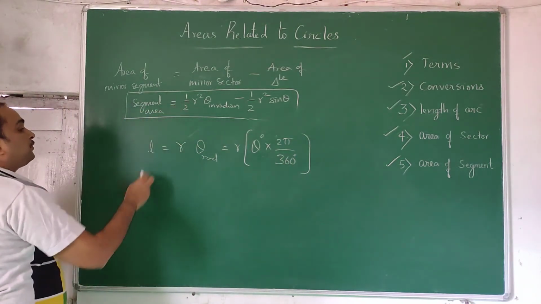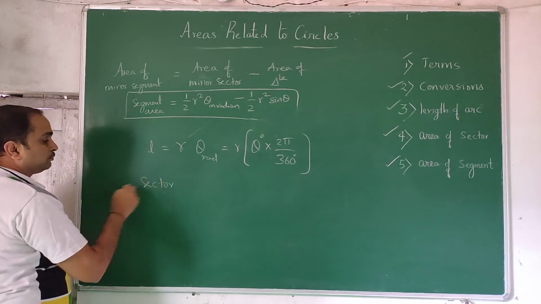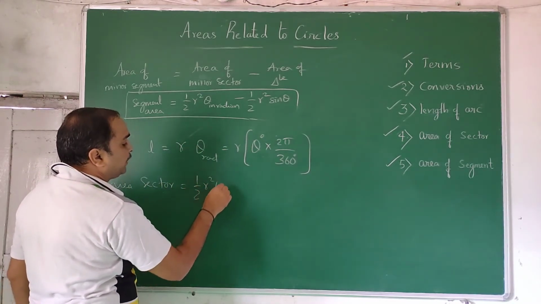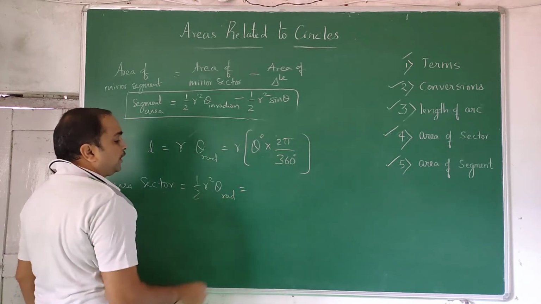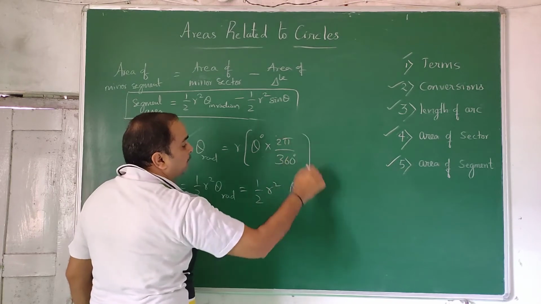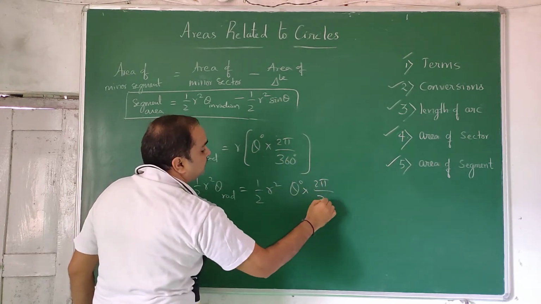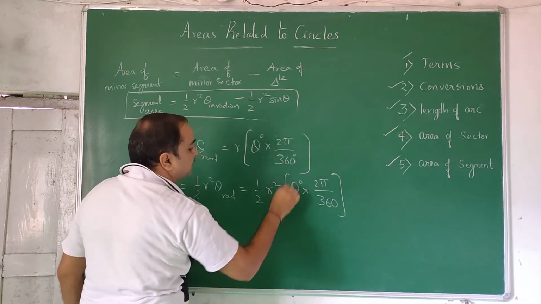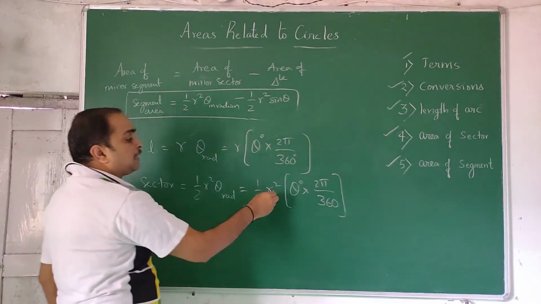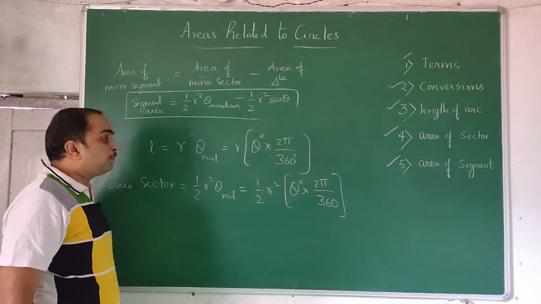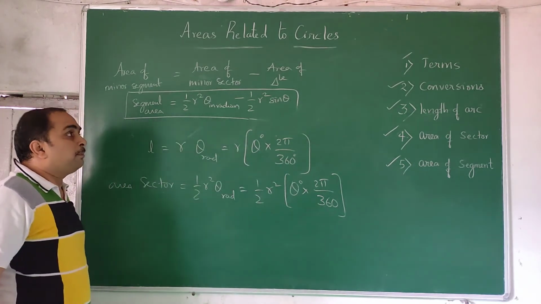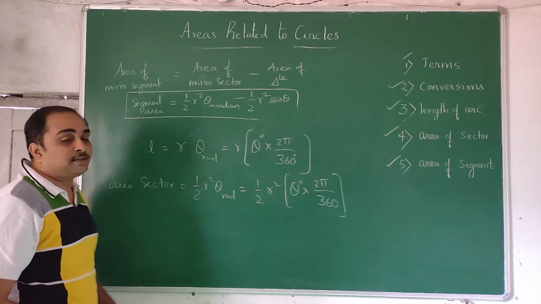Similarly, area of sector is this formula, half r square theta in radians, which is also equal to half r square theta, you write it in degrees, multiply by 2 pi by 360. You will get the answer in square centimeters or square meters. Whatever r square you have taken, that will take care of. But this conversions you remember, and original formulas you remember. Similarly, once you know these things, how to find segment area, you know it.